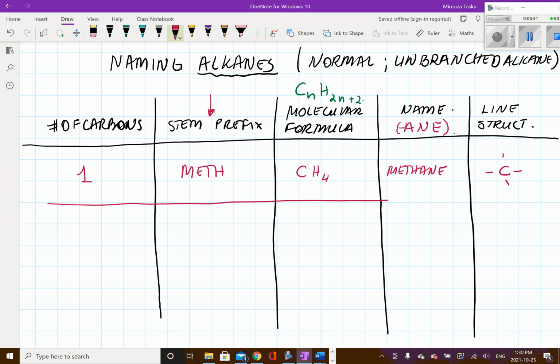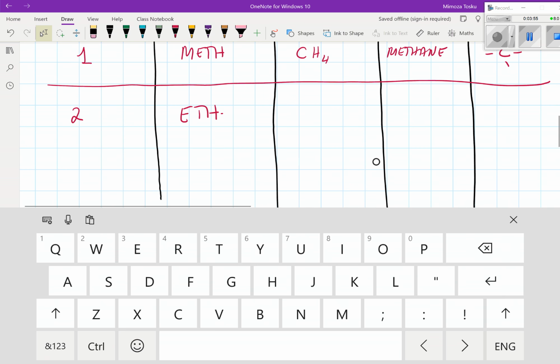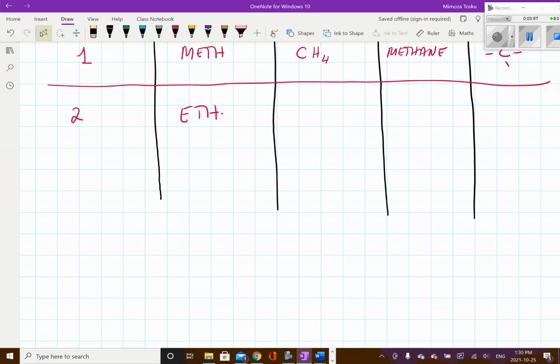When we have 2 carbons, the stem prefix is eth, and we will use those prefixes even later on when we are doing branches.